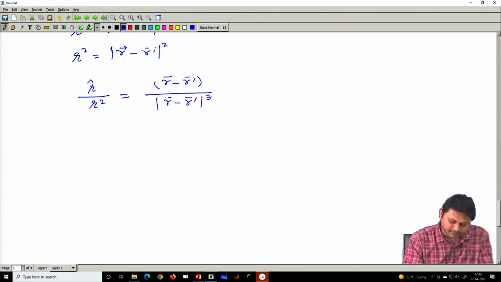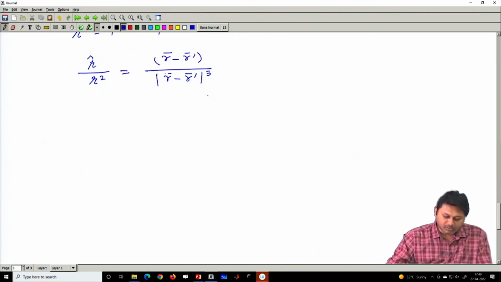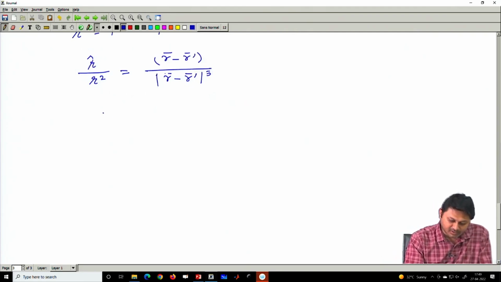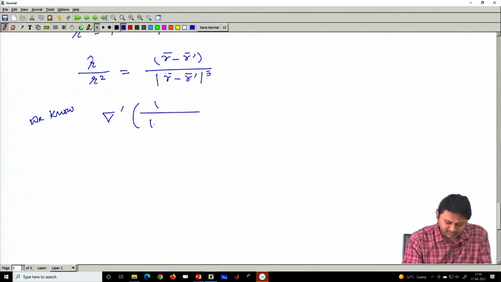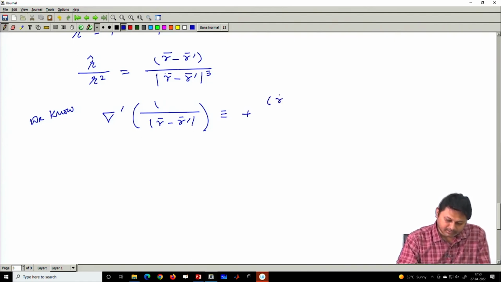Now, this is a well known thing: if I take the gradient of the quantity 1 by mod r minus r prime, and in many places we have to use this, then the result is plus r minus r prime divided by mod r minus r prime cube.